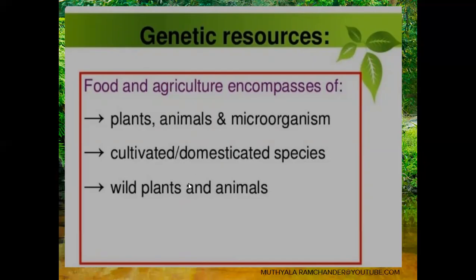These plants, animals, and microorganisms have different types of genetic codes for the needed food material and needed things in the plant body, animal body, or microorganisms. They are mainly wild plants or wild animals, cultivated plants or cultivated animals.